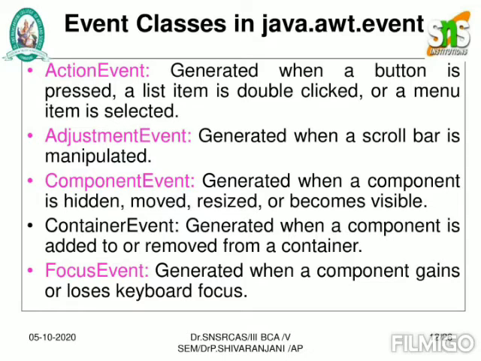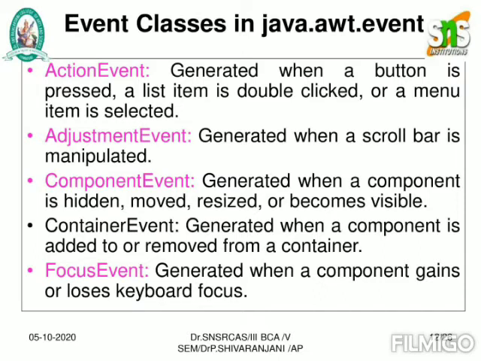The next one is AdjustmentEvent. This is generated when a scroll bar is manipulated. When you move your scroll bar with the mouse, this event is automatically generated.